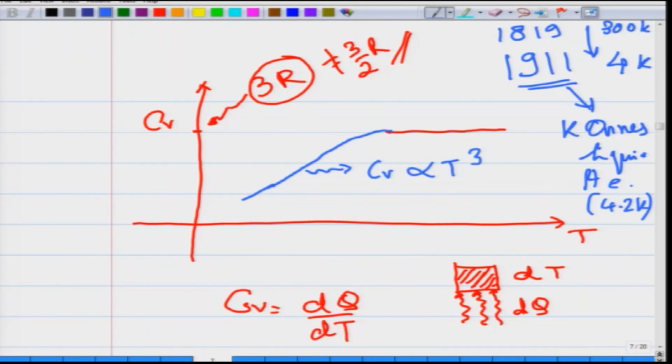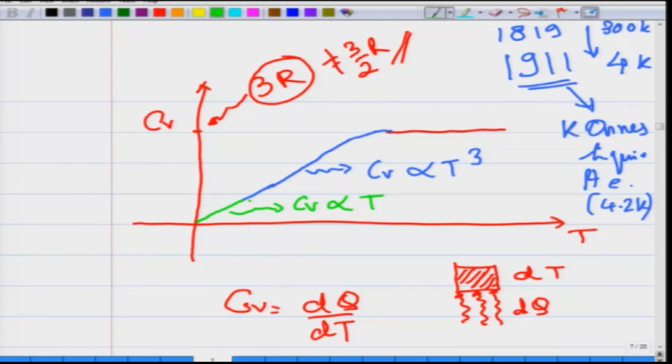If you go to very low temperatures, below 4 Kelvin, and as you go lower and lower, which people were able to do, then instead of a cubic temperature dependence, you start getting a linear temperature dependence. The specific heat becomes linear.